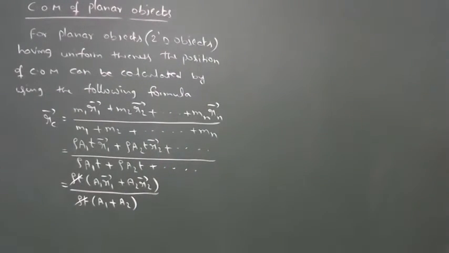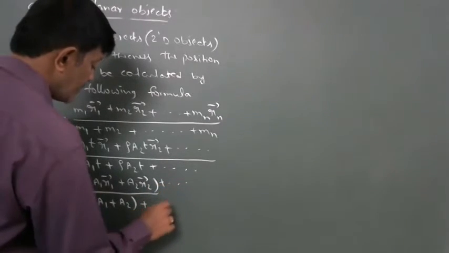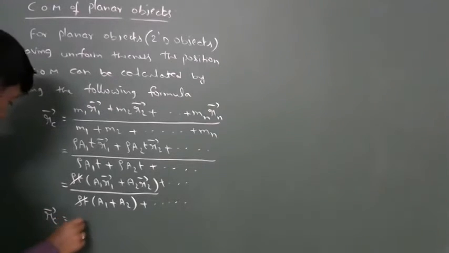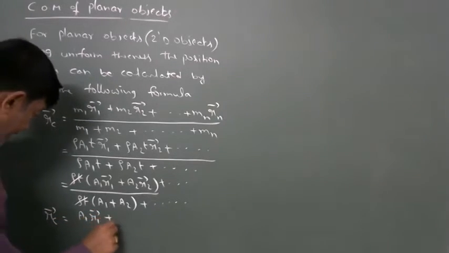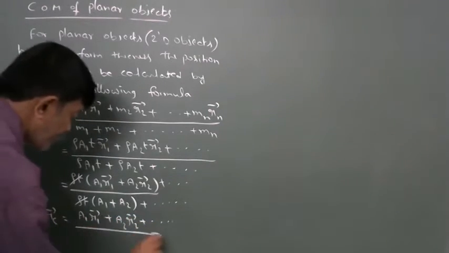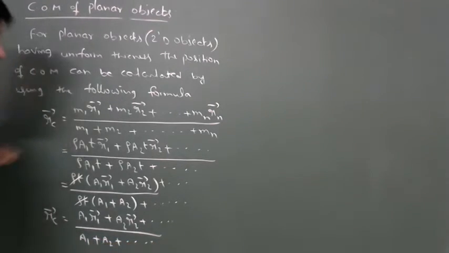Therefore, the center of mass of a planar type body, laminar type body, is given by A1 R1 bar plus A2 R2 bar and so on, by A1 plus A2 and so on.